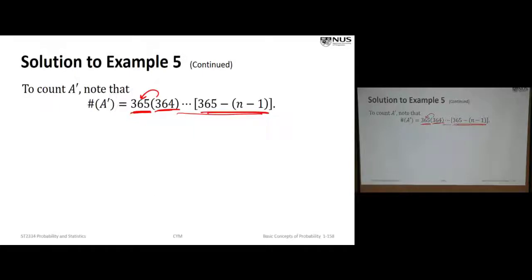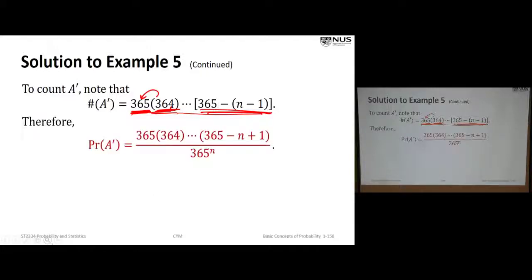Because for each factor that you included, it should be subtracted by the position minus 1. So the second factor, minus 1. Third factor, minus 2. So the nth factor, minus n minus 1. All right? This one, 365 minus 0, 365 minus 1. So the nth factor is 365 minus n minus 1.